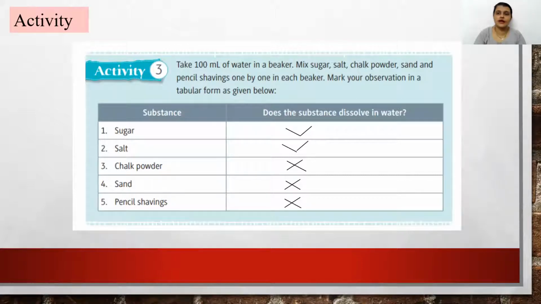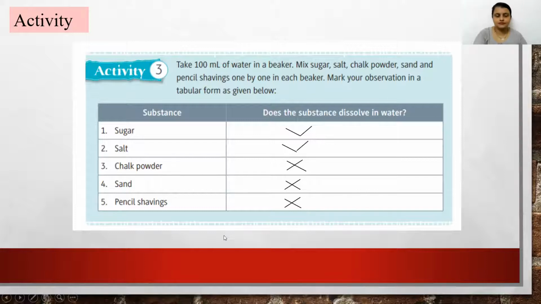Sugar and salt, as we have already done, dissolve in water because they are soluble substances. So we are just going to tick right. While chalk powder, sand, then pencil shavings. When we sharpen our pencil, whatever waste we get is called pencil shavings. So chalk powder and sand are going to settle down at the bottom, while pencil shavings are going to float on water, and they are not going to dissolve in water. So we will put a cross over these three places.